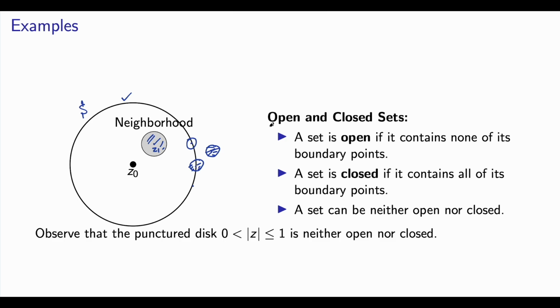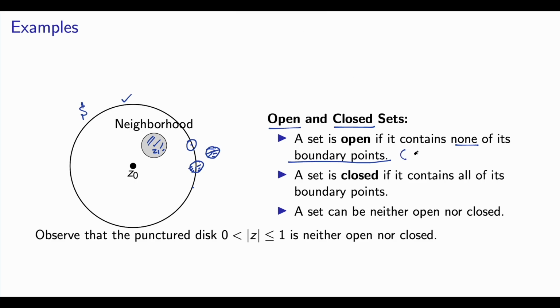Now, when we say a set is said to be open or closed, a set is open if it contains none of its boundary points, right? Or all interior points.